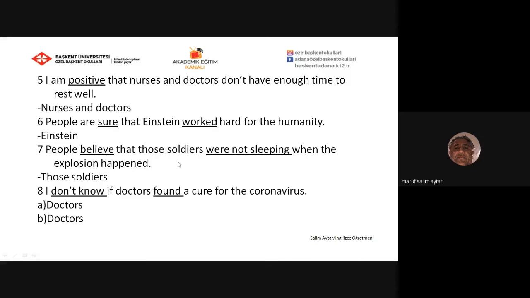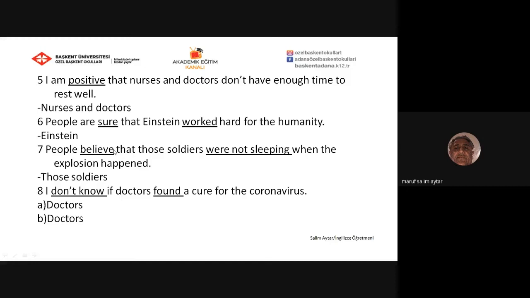7, people believe that those soldiers were not sleeping when the explosion took place. Past continuous, a negative past continuous sentence, and it should be a weak deduction because people believe, people think.